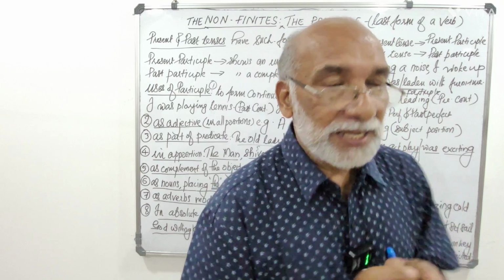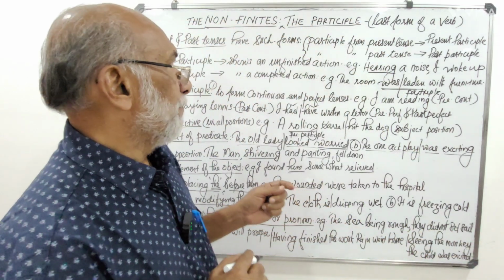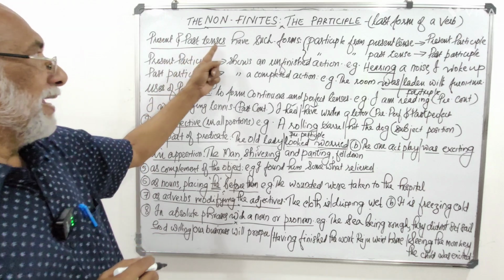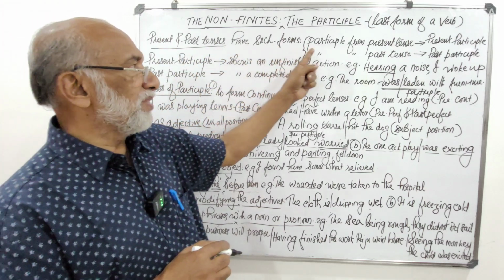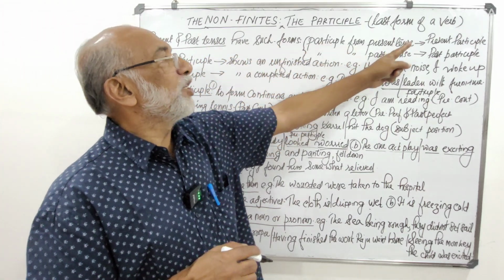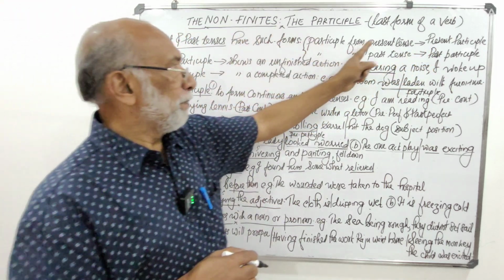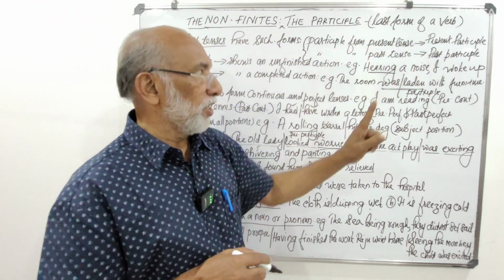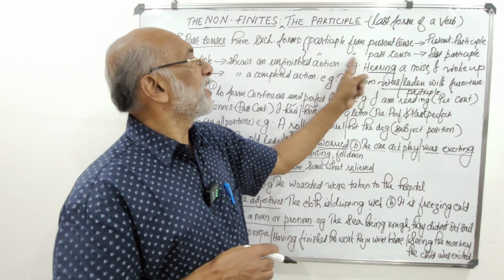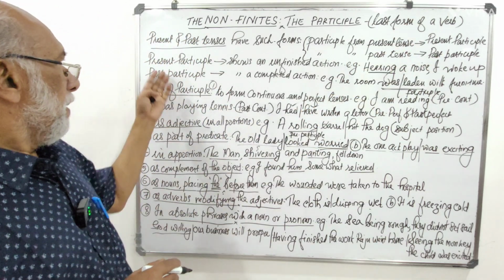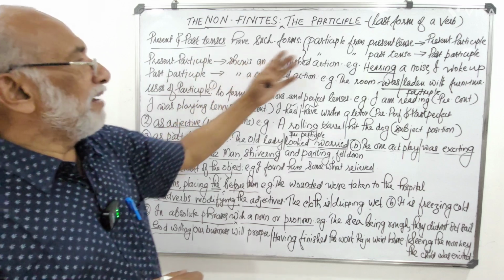Let's see an example for both. To repeat, present and past tenses have such forms as participles. Present participle shows an unfinished action.